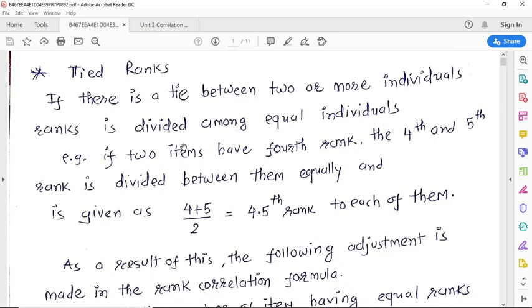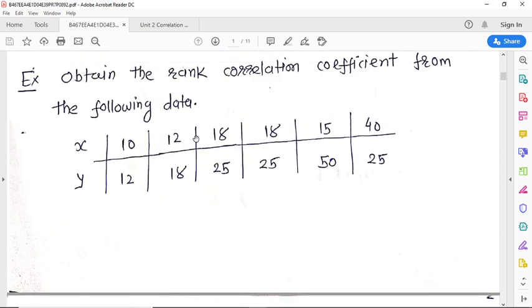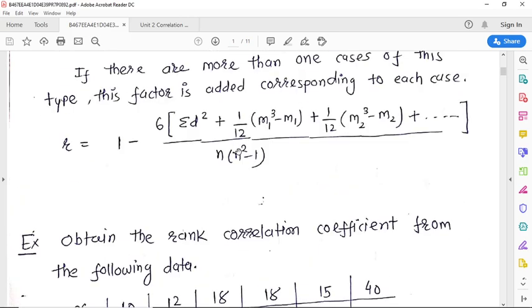In the last lecture we also discussed tied rank. Clear? What is the meaning of that? If we have two similar values, two similar actual data, we need to face a tied rank in this situation. How we can solve such an example, we discussed in the last lecture. Let us revise this topic again, and we will solve a few more examples.